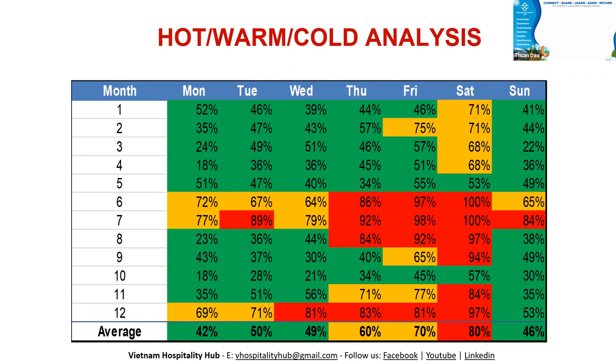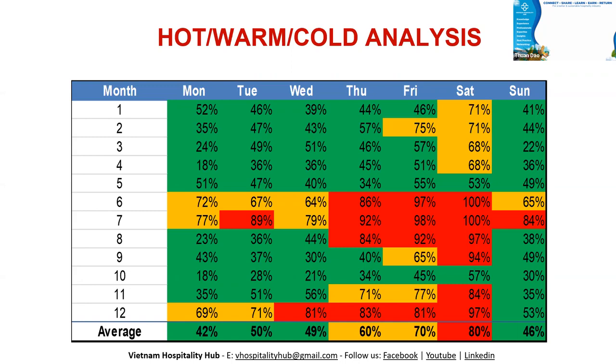All right, by analyzing the occupancy like that, you will understand how's the demand, how your business is during a year. So based on this, we will do the pricing strategy for a hotel. For those high demand periods, high months, we need to have a high rate.